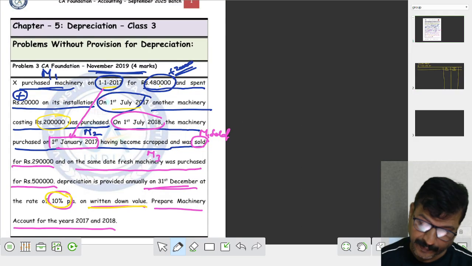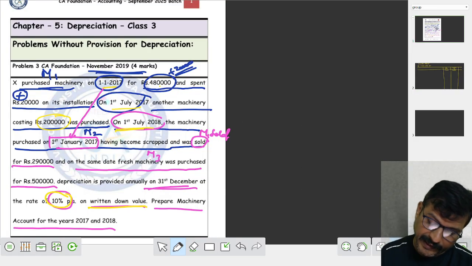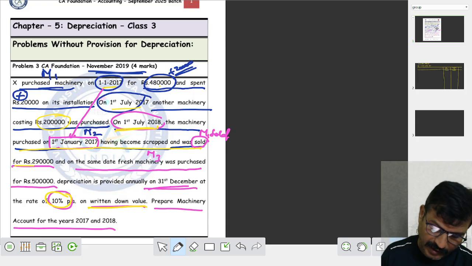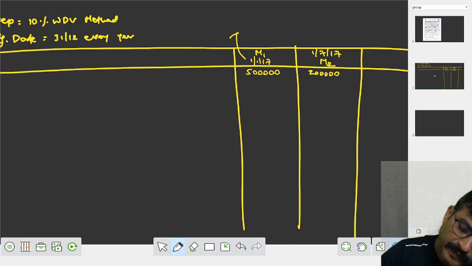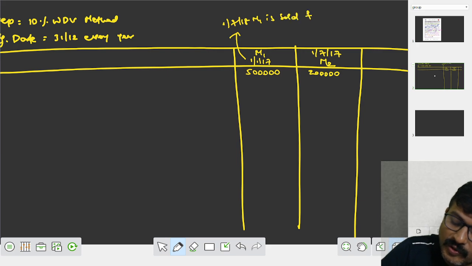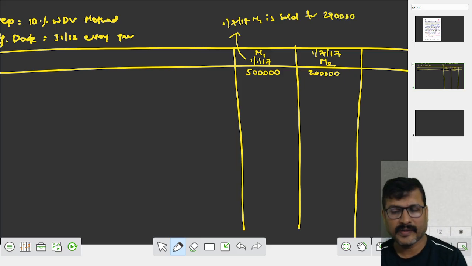Then what happened? On July 18, the machinery purchased earlier became obsolete and scrap, sold for 2,90,000. Which machine? This machine. On 1st July 18, M1 is sold for rupees 2,90,000. Okay, fine.